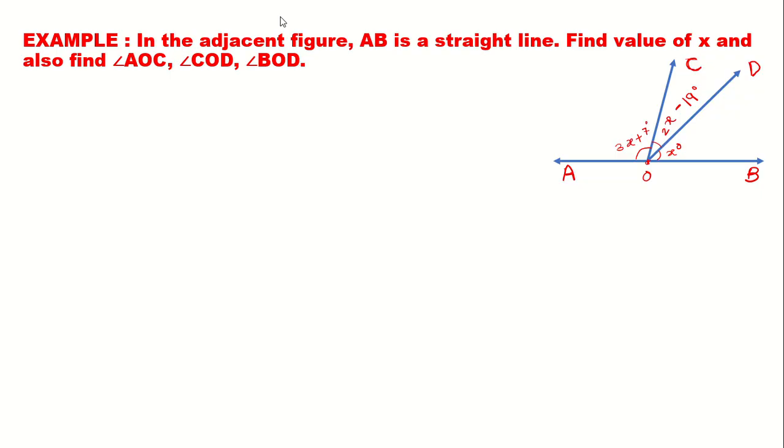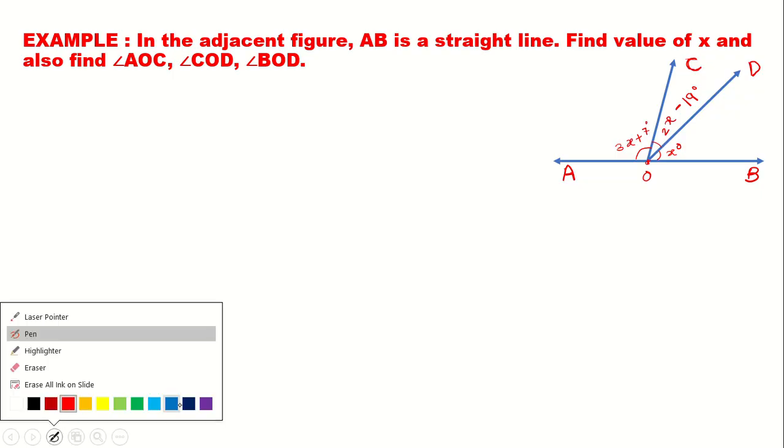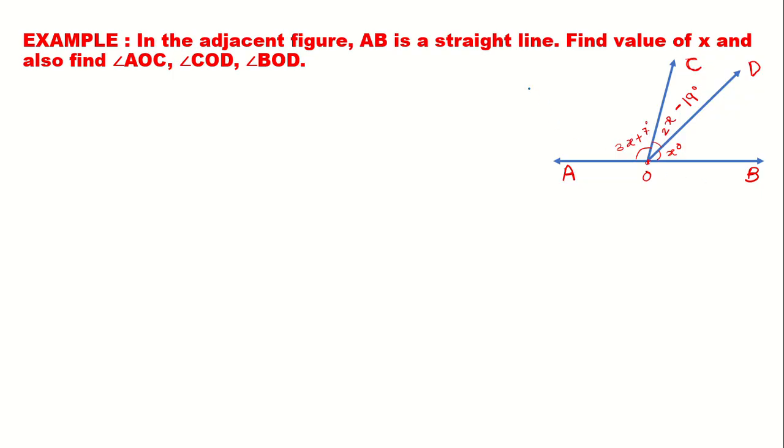The question here is, in the adjacent figure, AB is a straight line. It is given in the question that AB is a straight line, and we need to find the value of x and also find angle AOC, angle COD and angle BOD. So let's move to the solution.